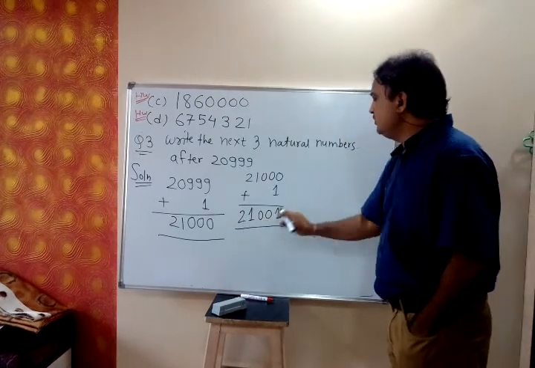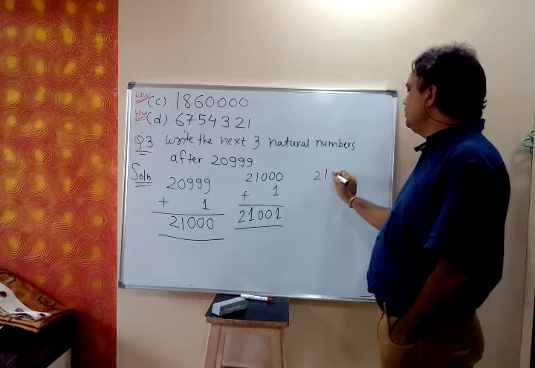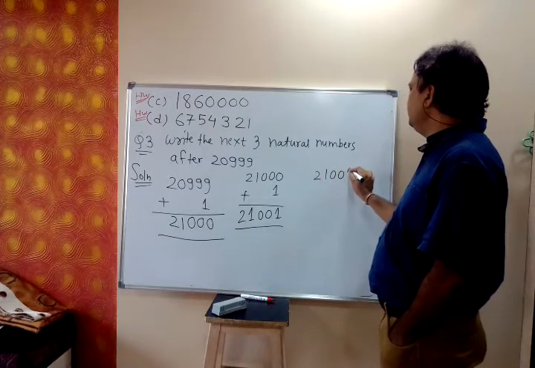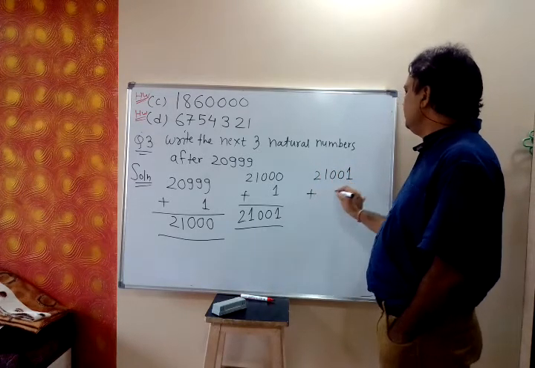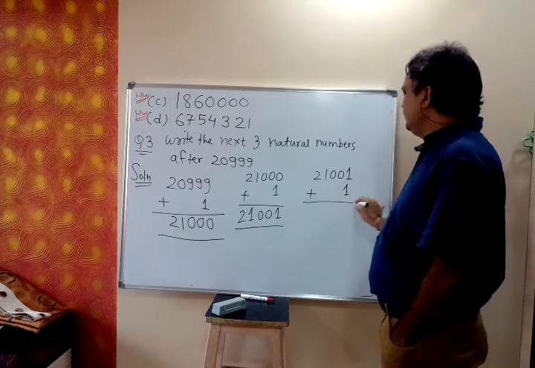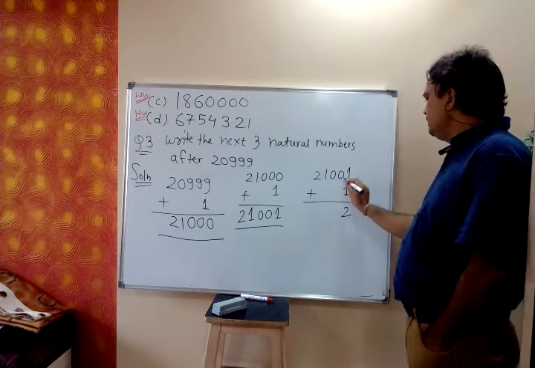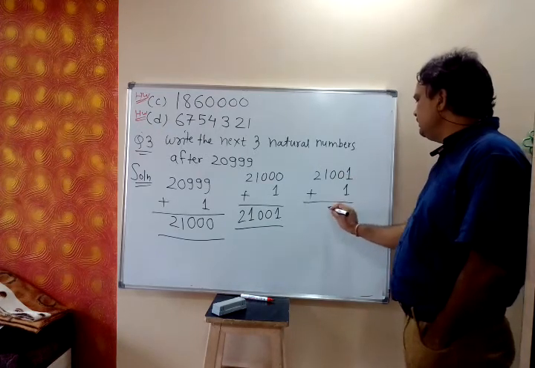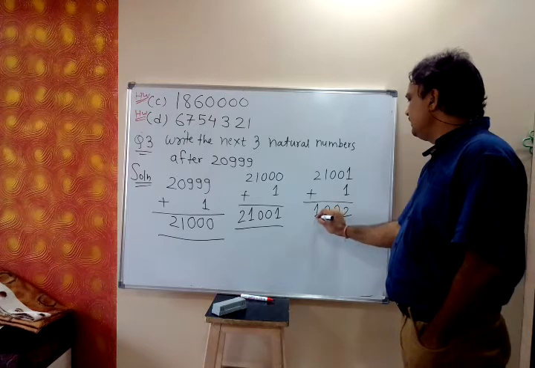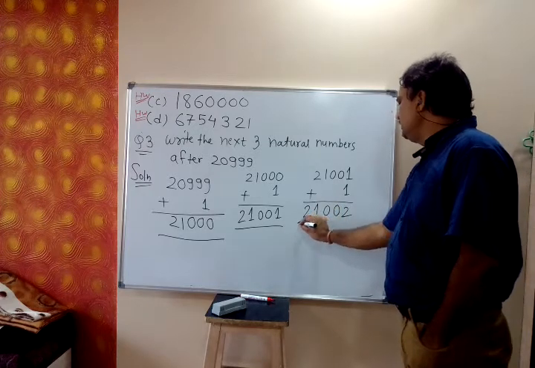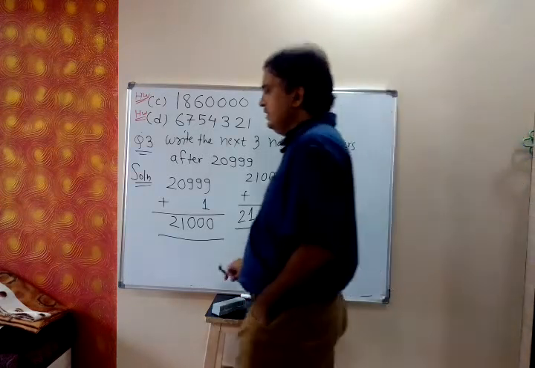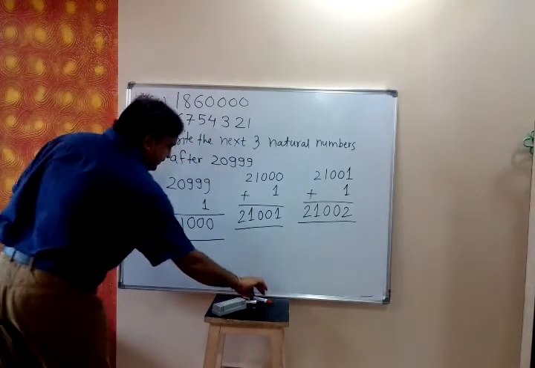Now I will add 1 to this 21,001. 1 plus 1, 2, 0 plus 0, 0, 0 plus 0, 0, 1 plus 0, 1, then 2. So these 3 are the next 3 natural numbers.